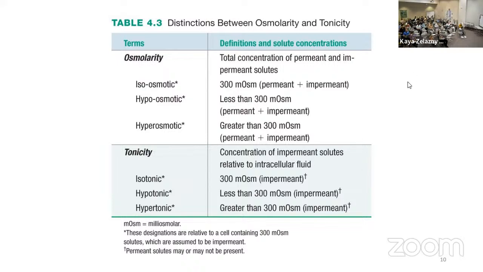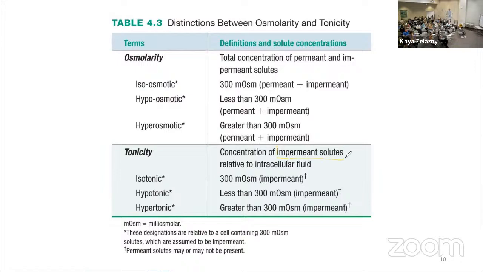So here's a table from your book talking about some of the definitions of these different concepts. You can see that the difference is about impermeant solutes versus all our solutes, let's say total concentration. So everything for osmolarity, only impermeant stuff for tonicity. You can notice that when we see iso, everything we're comparing it to is 300 milliosmoles.